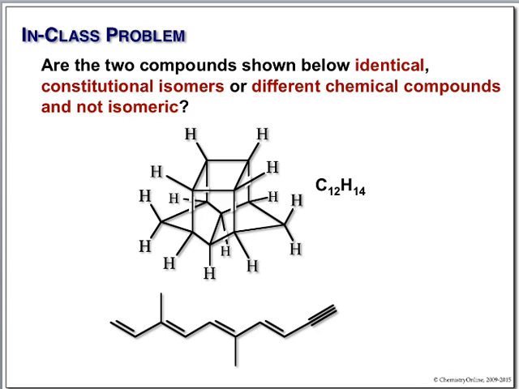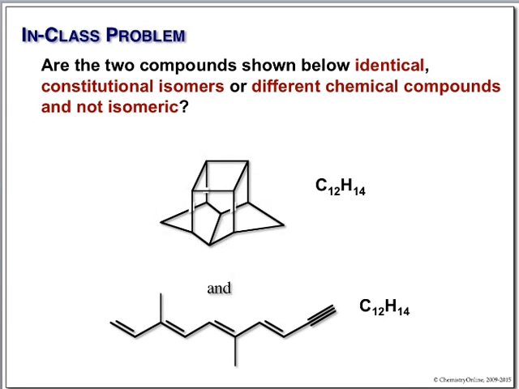CH2, CH, CH3, CH, CH, CH3, CH, CH, and a hydrogen here. My gosh, it's C12H14. So what are these two? They're clearly not the same compound, are they? They have the same molecular formula. They are constitutional isomers.